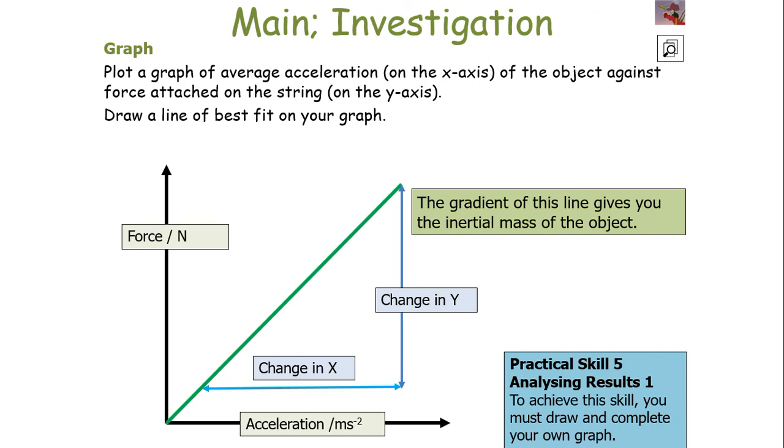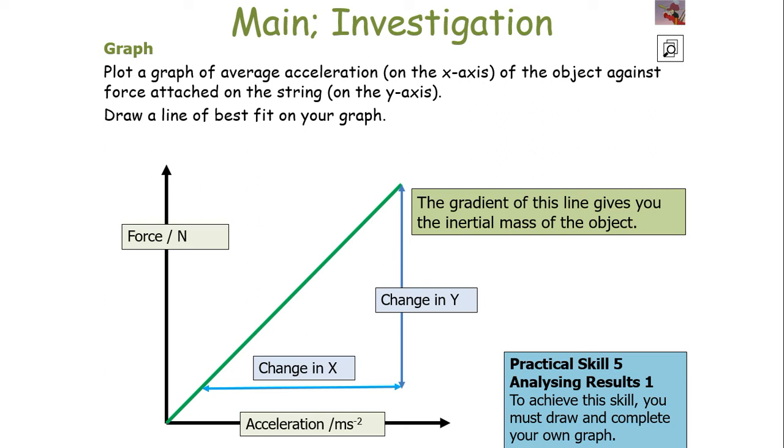Now, interestingly, you might have thought, why don't we plot average acceleration on the y-axis? Because isn't that the value that you're actually calculating, and that's always what you put on the y-axis? Well, no. In physics, you put things on the axes in the correct way to allow us to gain values from those particular quantities.